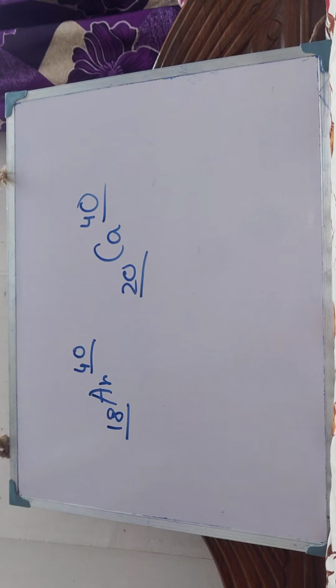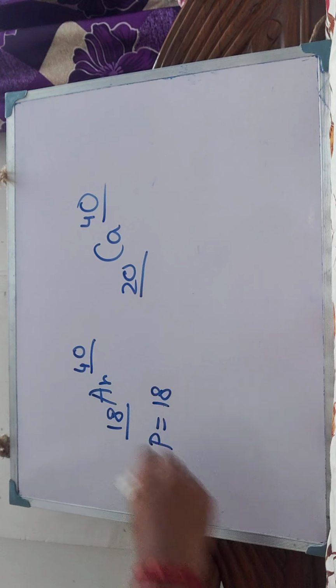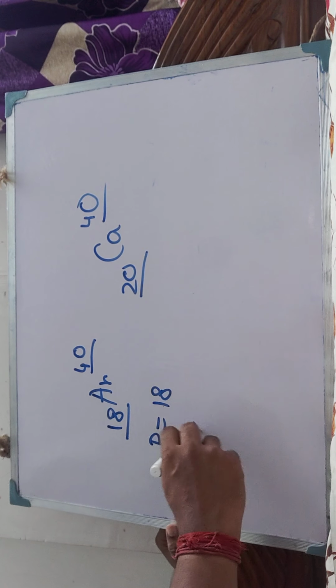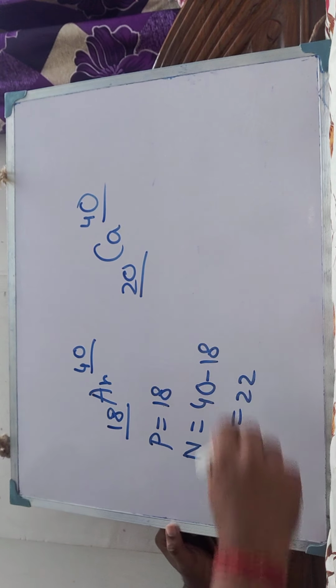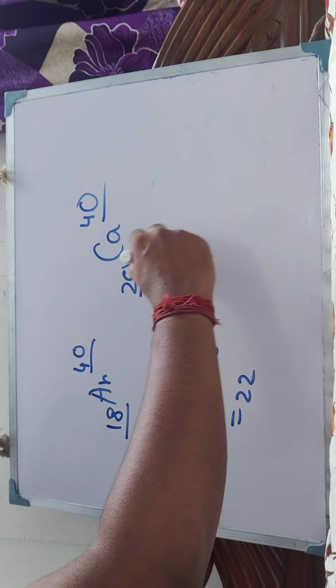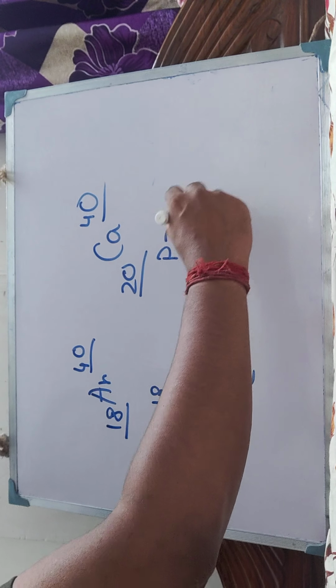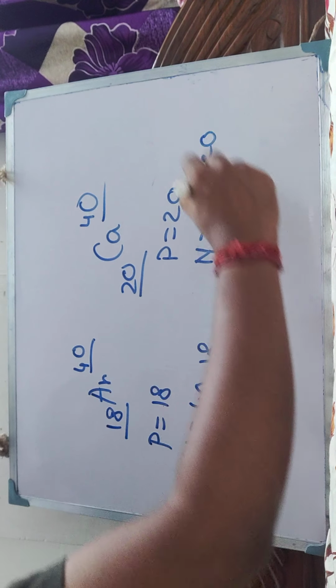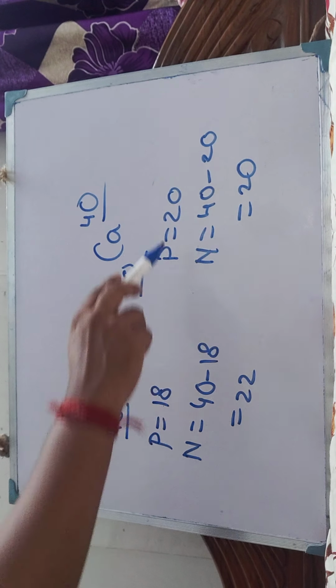Is that clear? The number of protons of argon is 18. Number of neutrons will be equal to 40 minus 18, that will be equal to 22. In case of calcium, the number of protons is equal to 20, but the number of neutrons is equal to 40 minus 20, that will be equal to 20. See, it has 20 proton and 20 neutron.